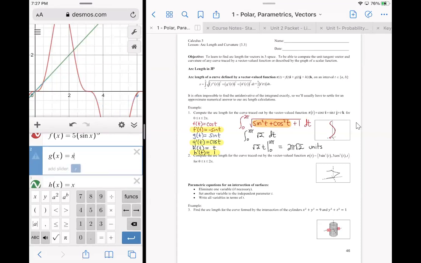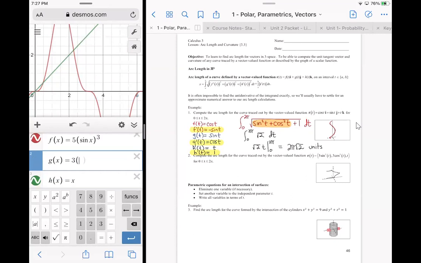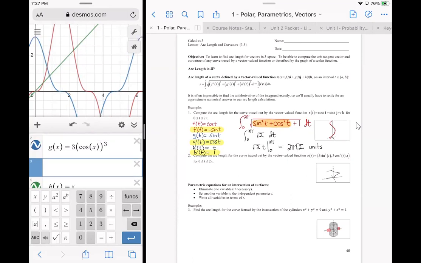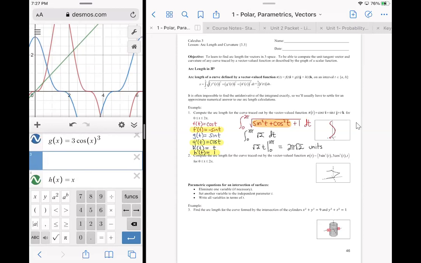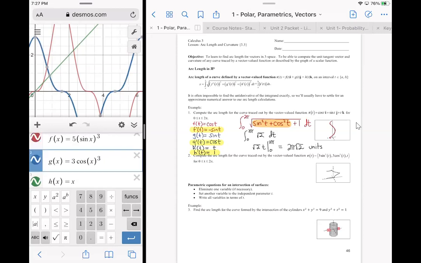The 3 cosine, close it up, cube it. It's all going to work. A little heavy-handed with the parentheses here, so I'm going to trim it down, but it's fine. I got a space there that I don't need. And the last one is just a t, so we're good.